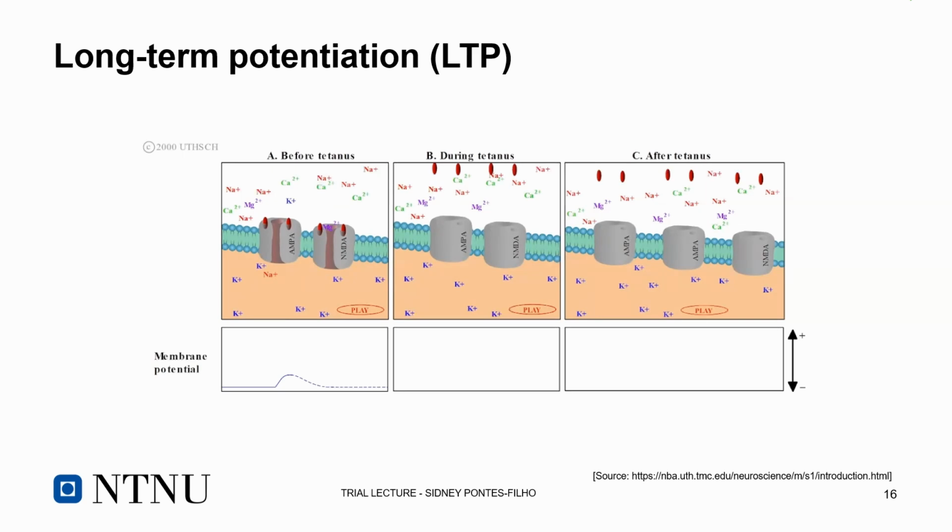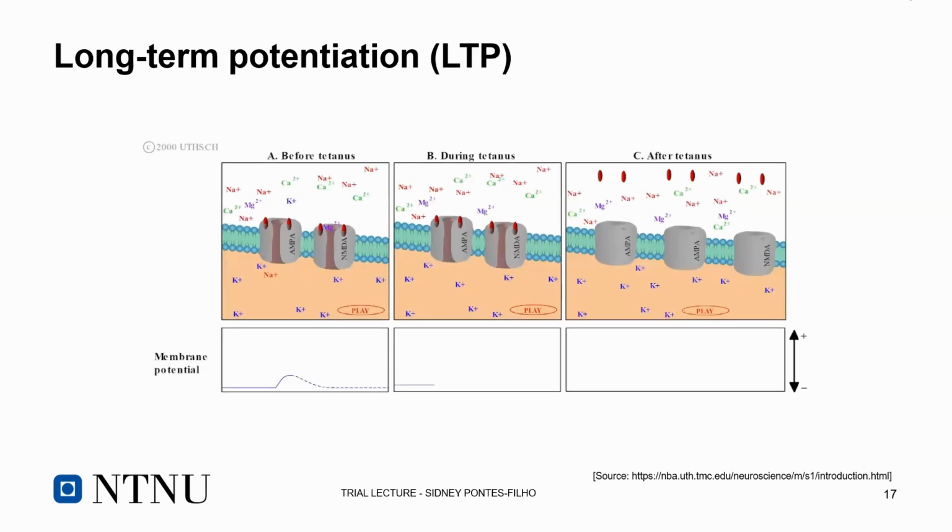But during tetanus, that I explained about the firing rate, like a high firing rate, the postsynaptic neuron maybe triggers that. So you can see the glutamate coming again to these two receptors, AMPA and NMDA. But since there was some membrane potential inside the cell, because it was activated before, now the magnesium is not going to be easily attached to the NMDA receptor, and it allows sodium and calcium ions to enter the cell and potassium to go out.